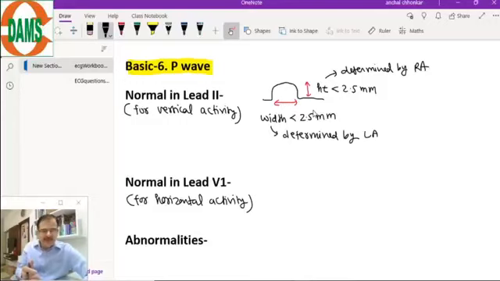For convenience, I will take the units in millimeters because it will be easy to remember. So the normal width is less than 2.5 mm and normal height is less than 2.5 mm. The width will be determined by the left atria and the height will be determined by the right atria respectively.